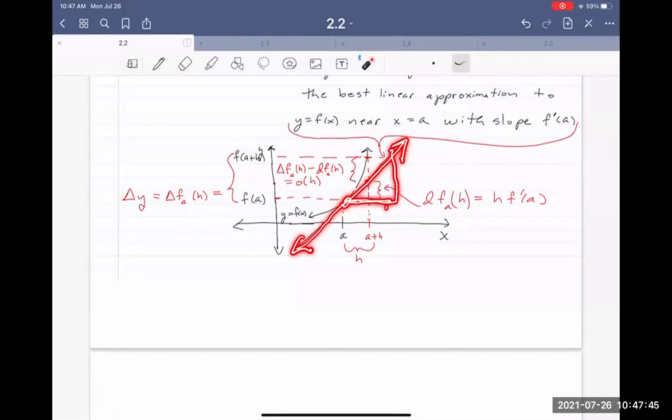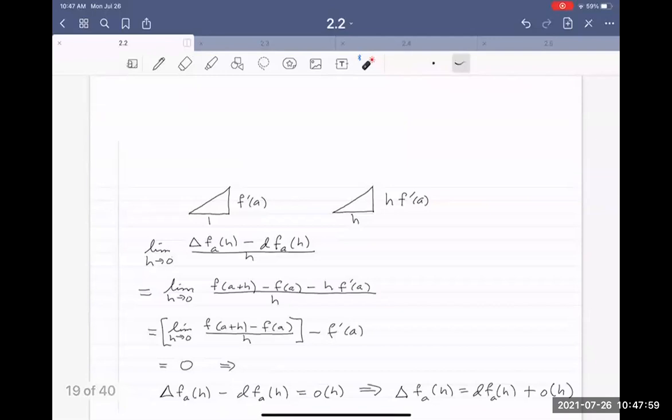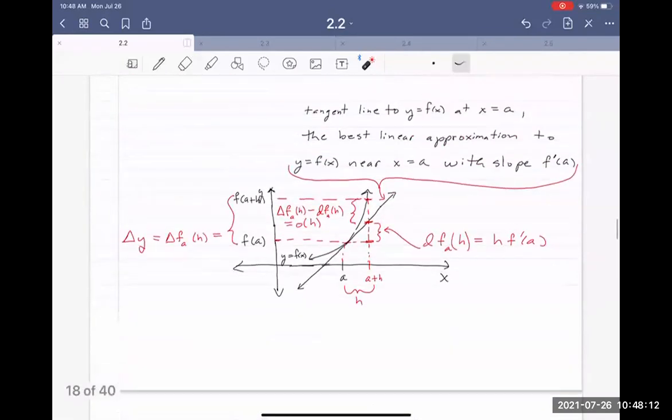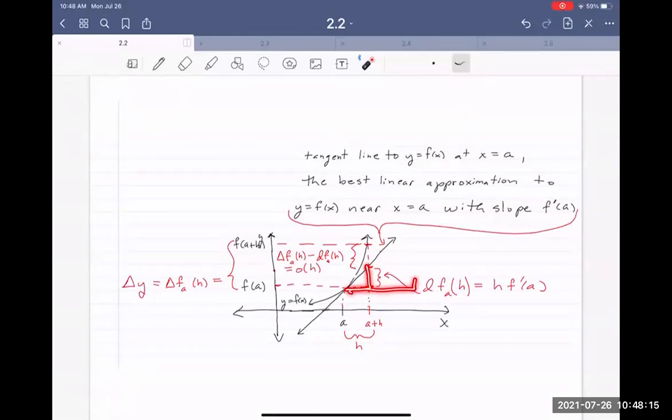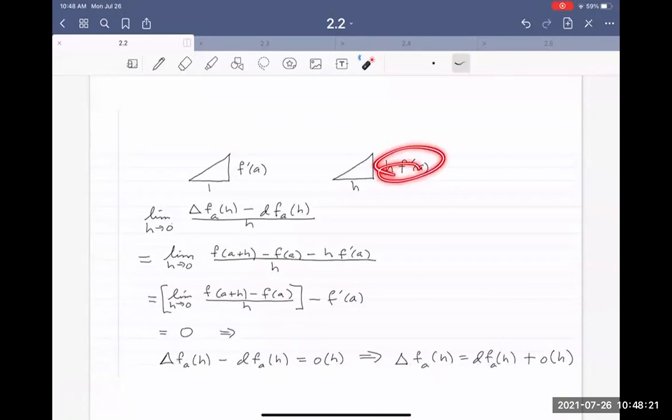If I go one distance here, then this distance is my slope. Of course, if it's positive, you go up, and if it's negative, you go down. And so I have the following right triangle. So I have a 1, f prime. If this is h, and these are similar triangles, which they are, then this must be h times f prime at a.